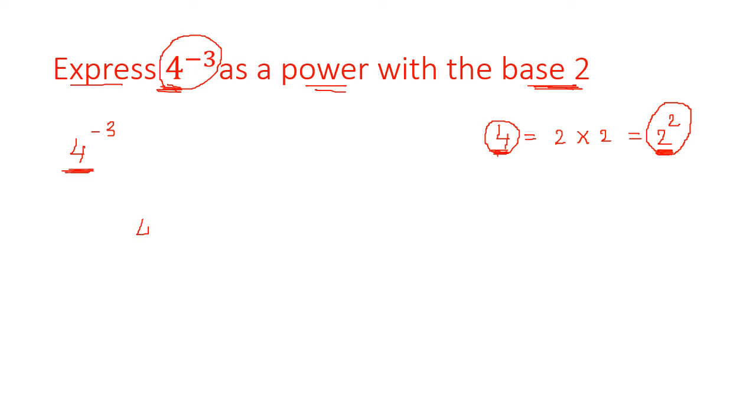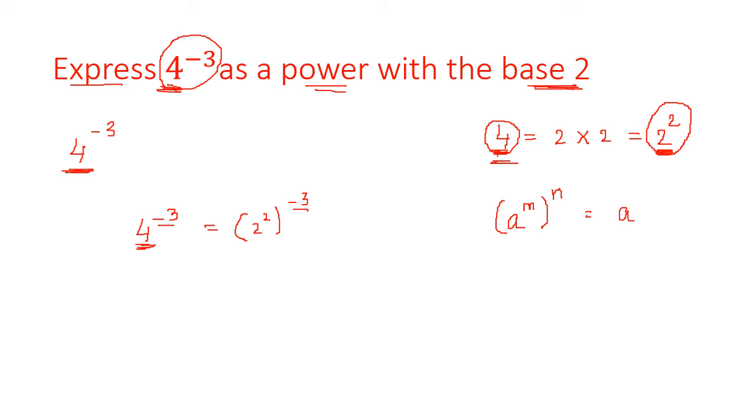Now, 4 raised to -3 can be written as 2 square raised to -3. What I have done here is, this 4 I have written as 2 square, but the power on the top remains the same. Now which law do you recall here? We have got the law a raised to m, the whole raised to n.